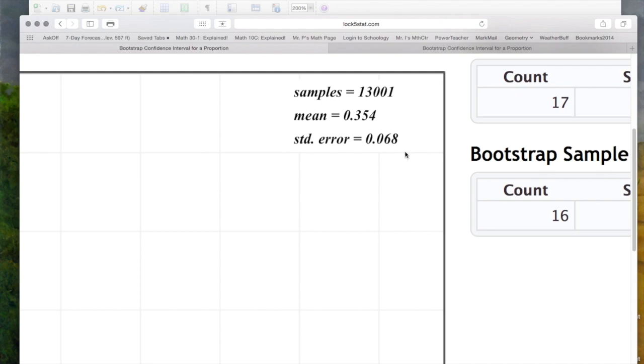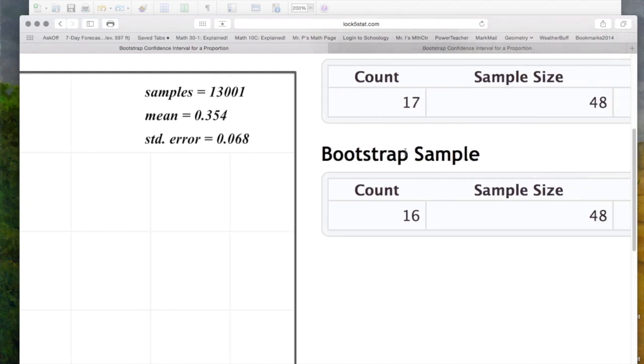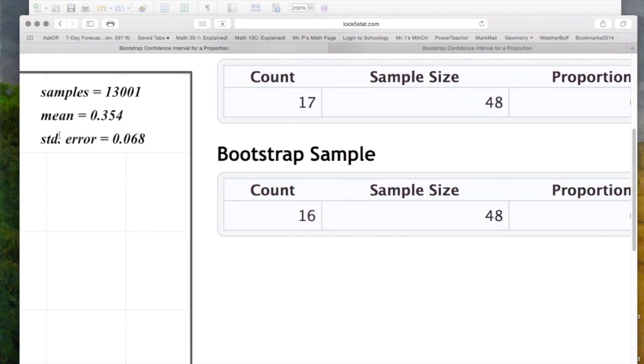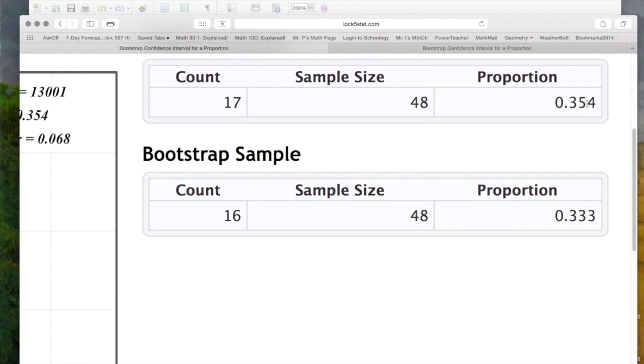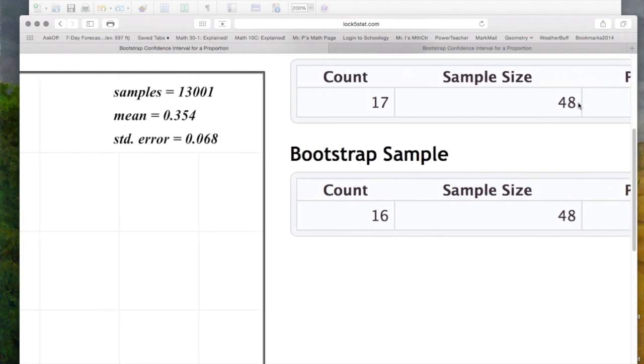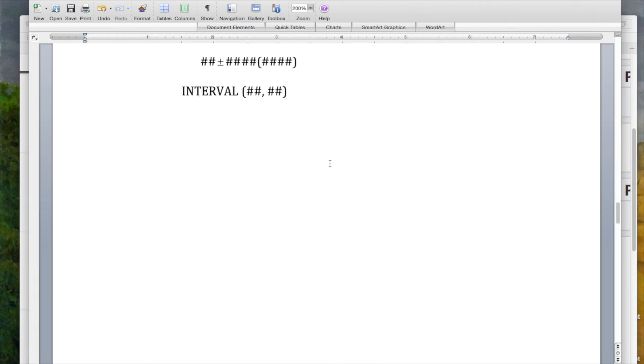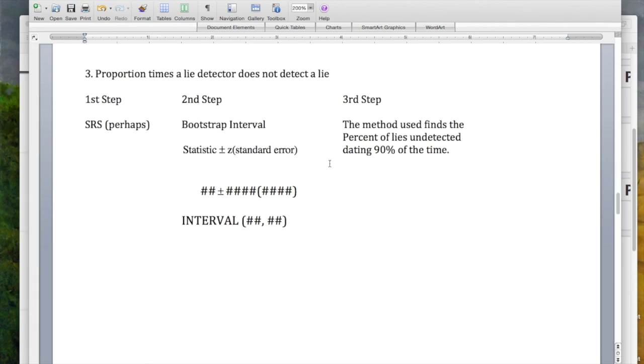So the average came out to be 0.354, which I actually knew heading into this. The statistic will match the original sample percent. The number that I was after, though, was the standard error. So I'm going to take those numbers and apply them to the question.